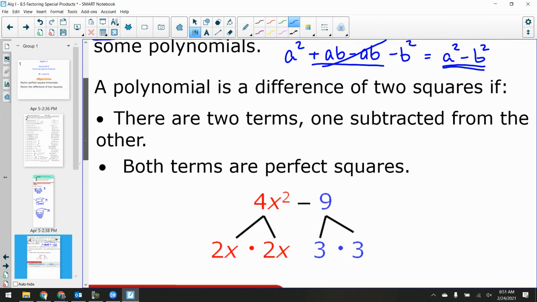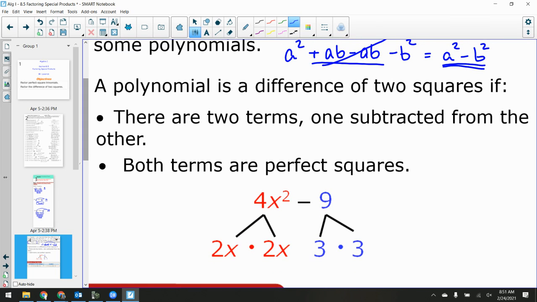A polynomial is a difference of squares if it meets these 2 criteria. Both sets of numbers are perfect squares, and they are subtracted from one another. Okay? It's got to be what's called a difference of squares. Difference implying that they're subtracting, and squares implying that they are both perfect squares.